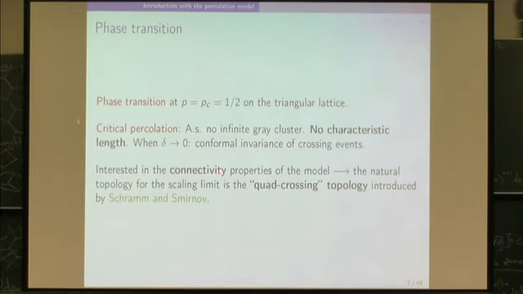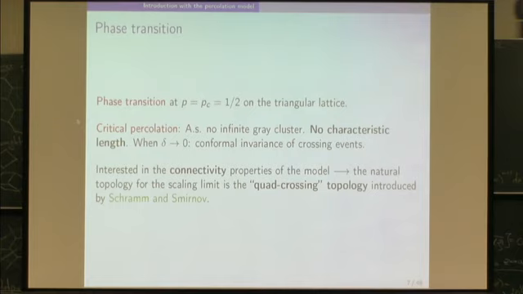And let me just mention, when delta goes to 0, there is an interesting question: what is the interesting information that you would like to keep in your model? As we are interested in the connectivity properties of our model, the natural topology that you would like to consider is the quad crossing topology, which was introduced by Schramm and Smirnov. Basically, the information that you will keep is only about the quads.